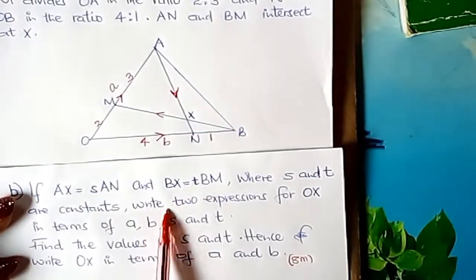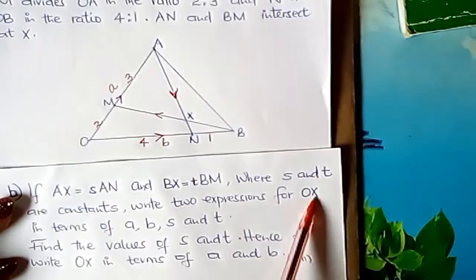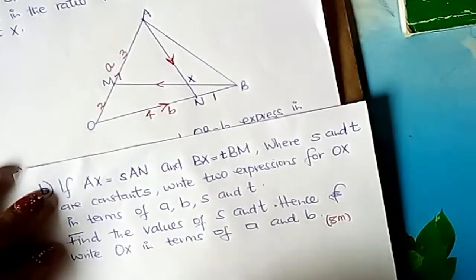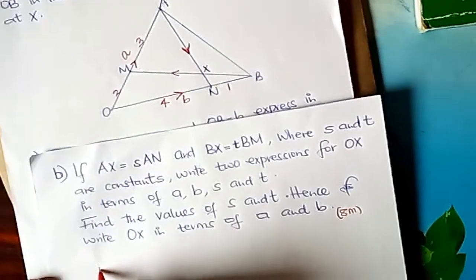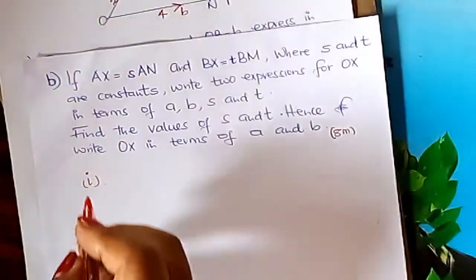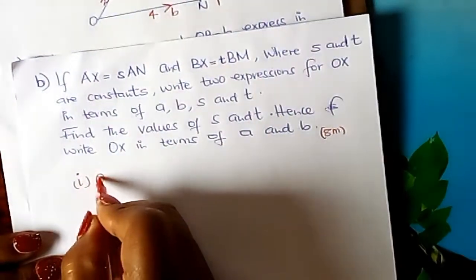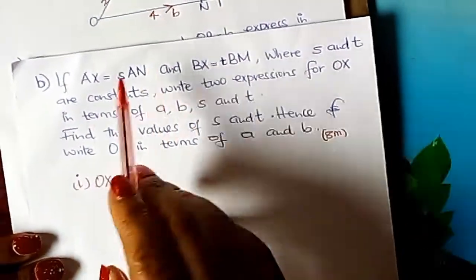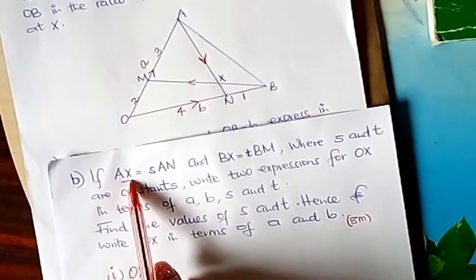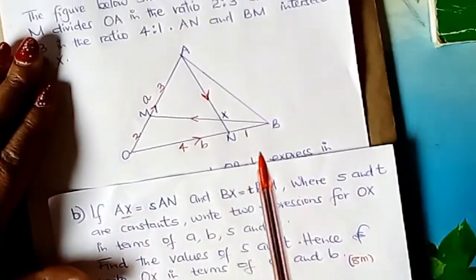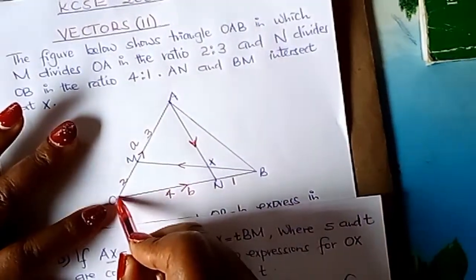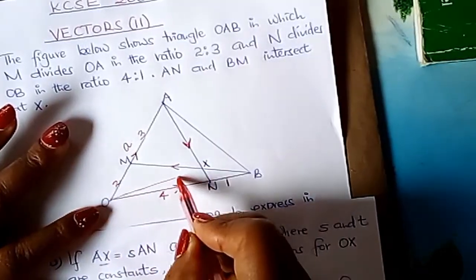So we are now told to write two expressions for OX. We look at the first expression, learner. For the first expression of OX, you should use this route. You should include this vector. And therefore we go to our diagram, learner. We talk of OX, you even fix your vector there.